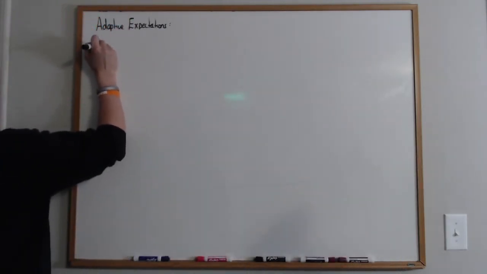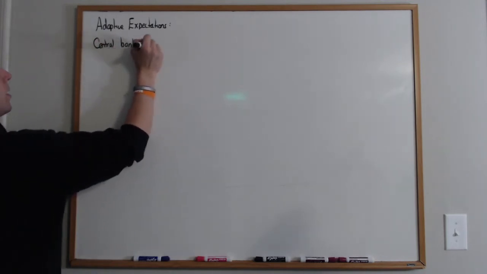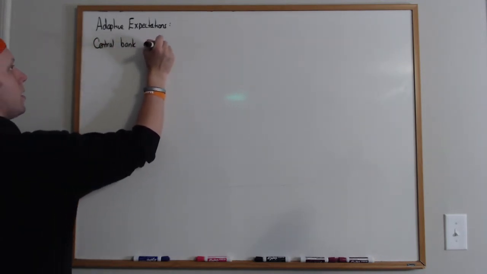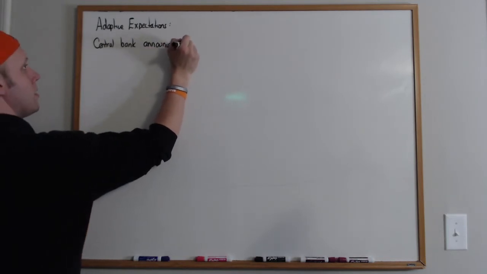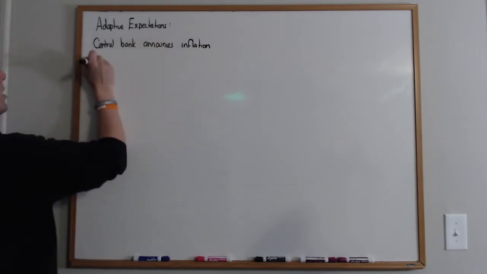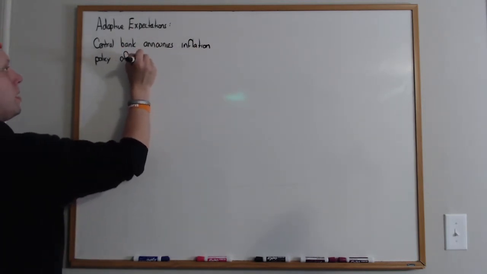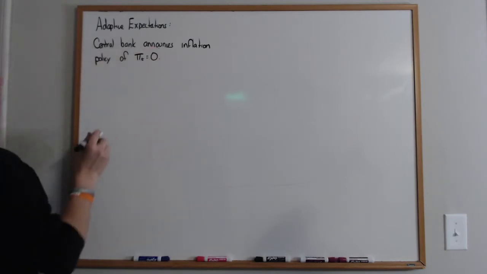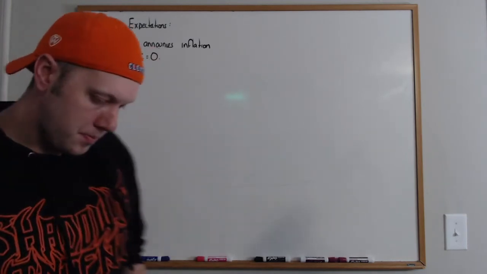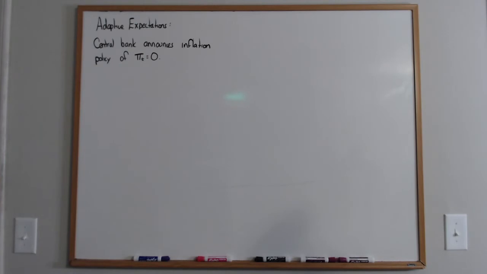So let's say the central bank announces an inflation policy of pi equals 0, right? They're going to announce that there is going to be 0 inflation, right? The price level will be consistent over time.